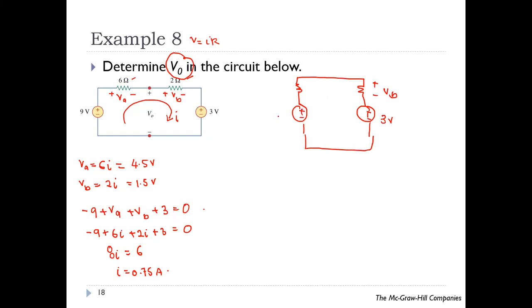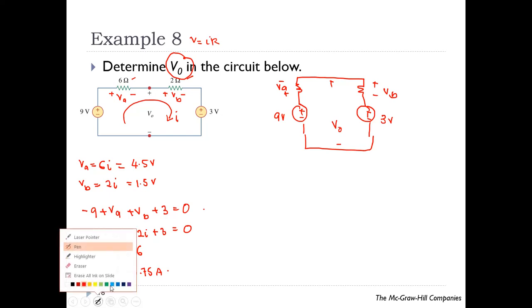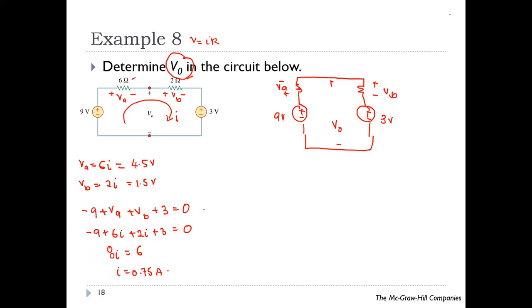Plus minus 9 volt, and here is your VA. Okay, and you are interested with V0, which is located here. So again, even if the network is an open circuit or it is not closed, you can still apply KVL. So there are two loops here. You can either choose this loop for V0 or this loop. In the end, you are going to get the same answer.